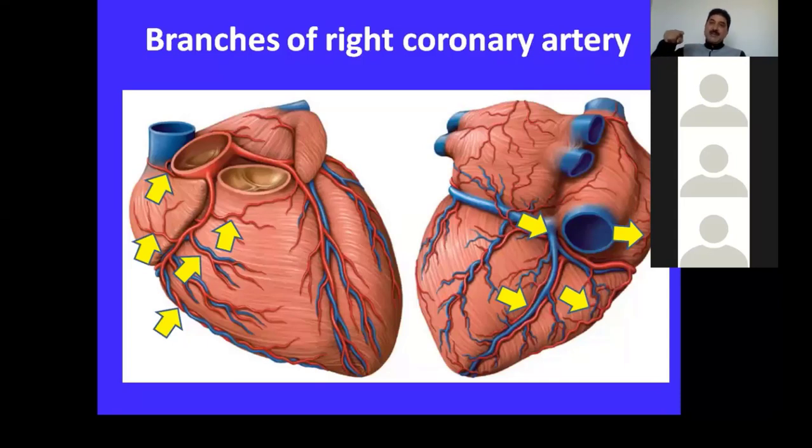Deeper to that lies interventricular septum. So whichever vessel is present in the interventricular sulcus gives posterior septal branches. So posterior 1/3 of the septum can have septal branches from right coronary artery, from left coronary artery, or from both coronary arteries in case of balanced coronary circulation. Is it clear to you? Yes, sir.